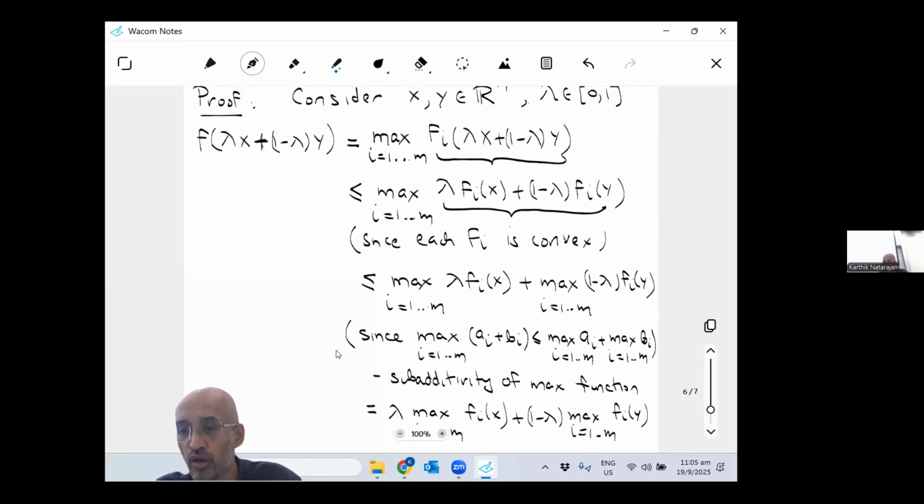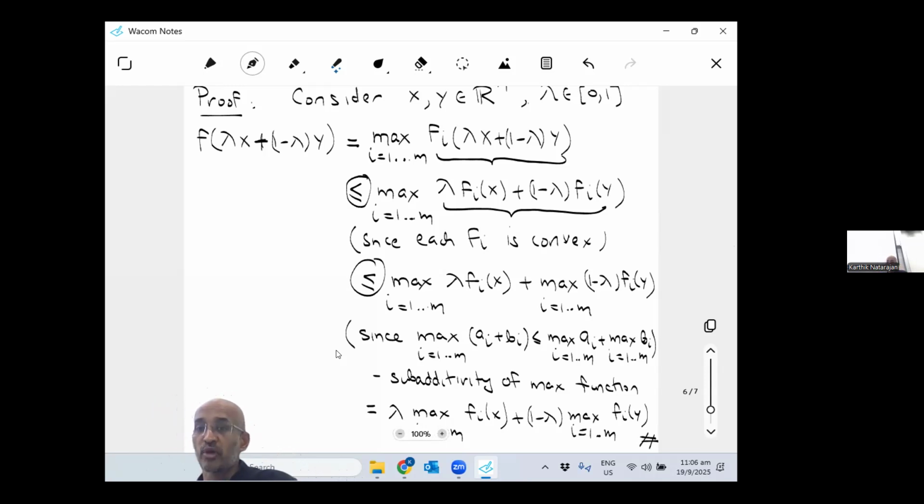So I'm done. We proved it. I'm going to put a hash here whenever I've proved something. So I'm proving that f of lambda x plus 1 minus lambda y is upper bounded by lambda times f of x plus 1 minus lambda times f of y.